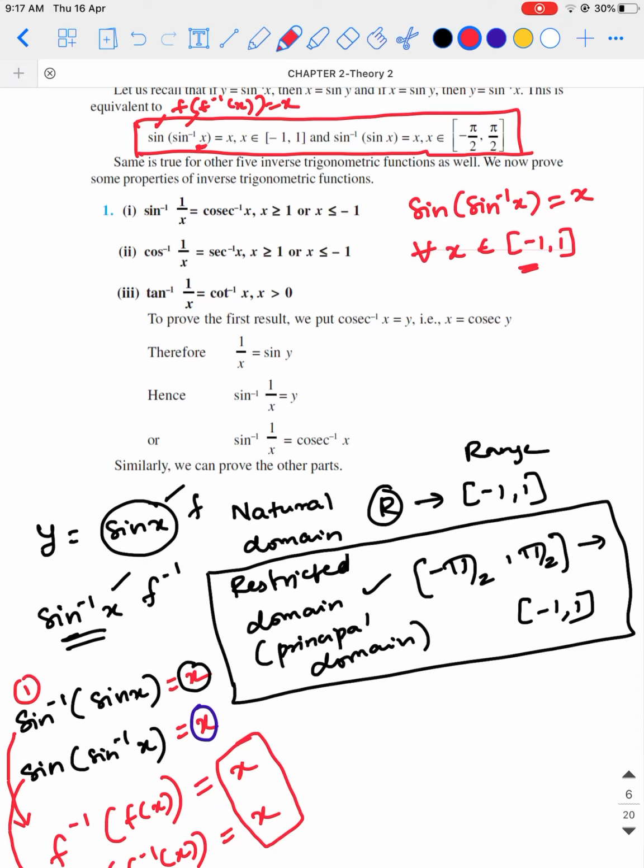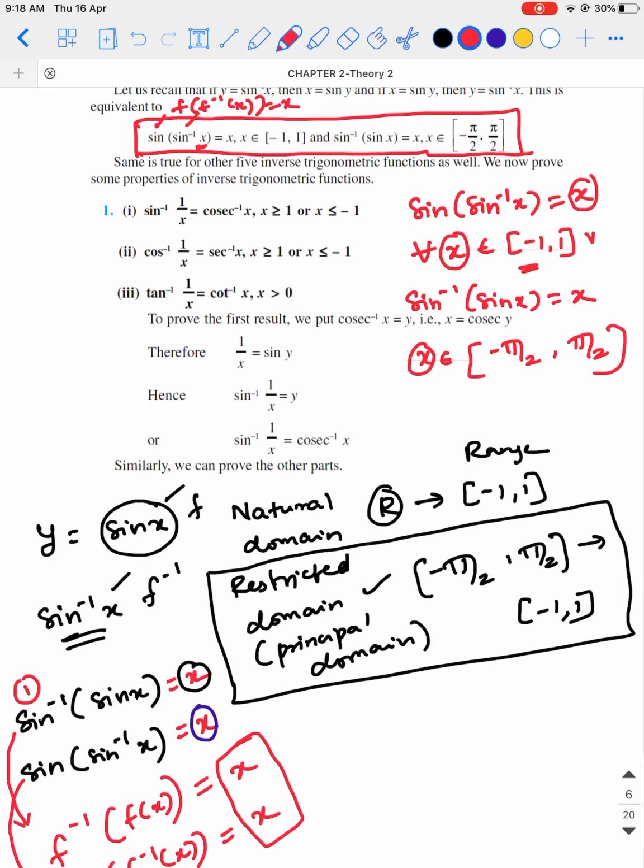Similarly, sin inverse of sin x is x, where x belongs to the range of arguments, which is minus pi by 2 to pi by 2. Please have clarity on this. Sine of sin inverse x is x, for which the domain is minus 1 to 1, and sin inverse of sin x is also x, for which the domain is the angles.